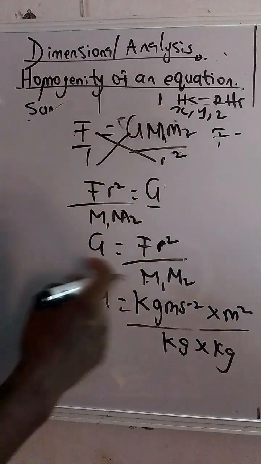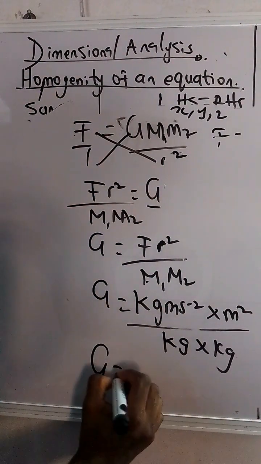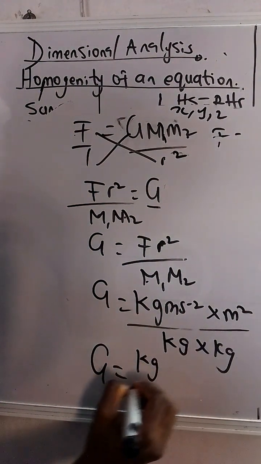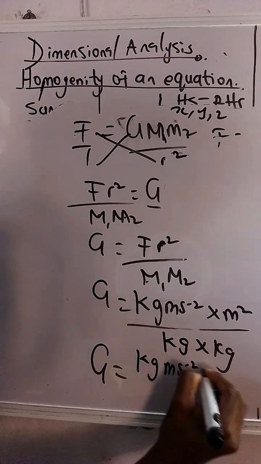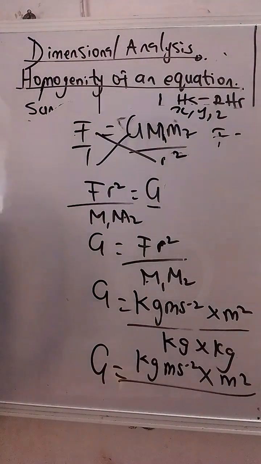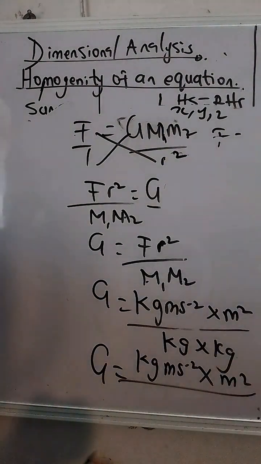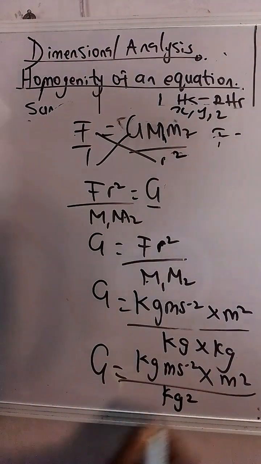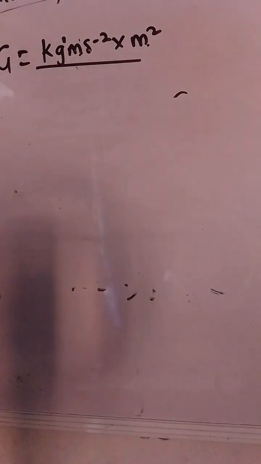So we can now have that G is equal to kilogram meter per second square times meter square over kilogram times kilogram, which is kilogram square. So we can have kilogram over kilogram square.